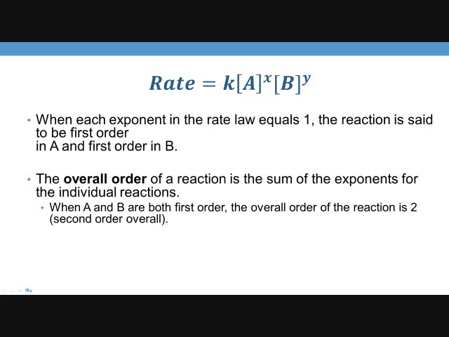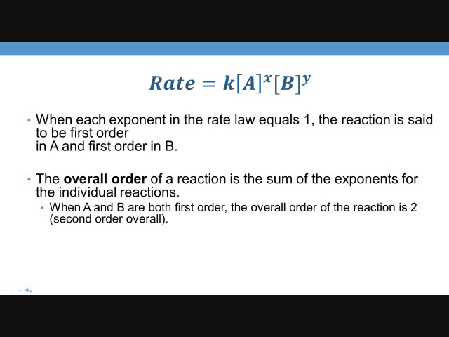Now, when you're doing these, I know you have a big blank space in your notes right now, and that's because the next example takes a lot of space. So if you need more workspace, back on page 6, you can do it. But what we're going to do, we're still going to use the rate over rate equals, and then have our parentheses for the concentrations raised to the power.